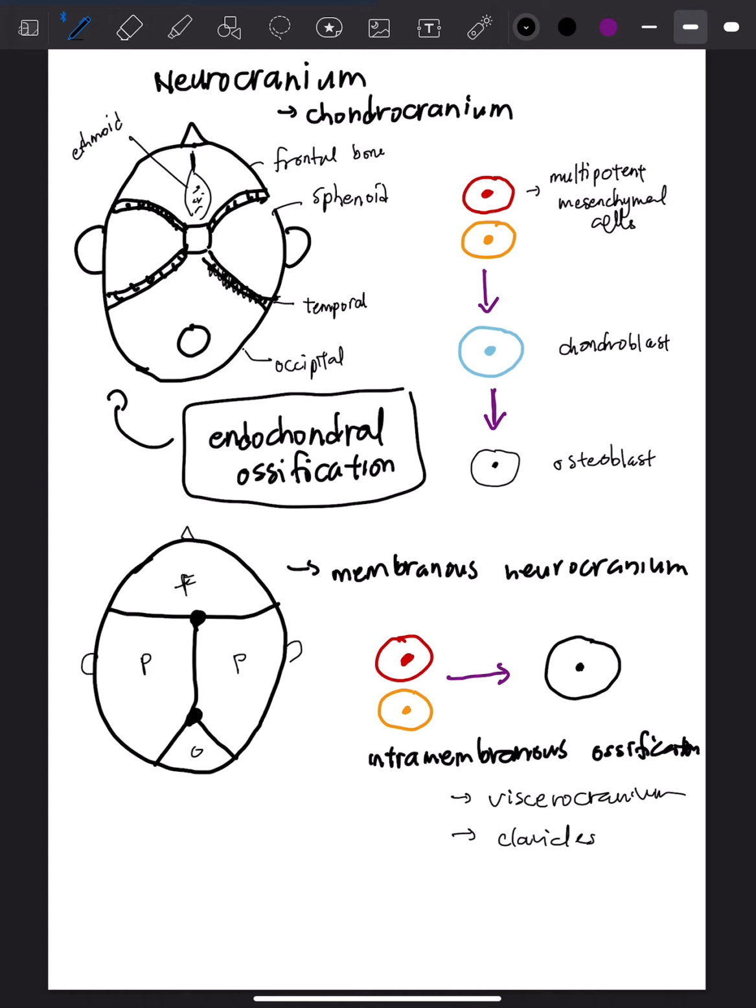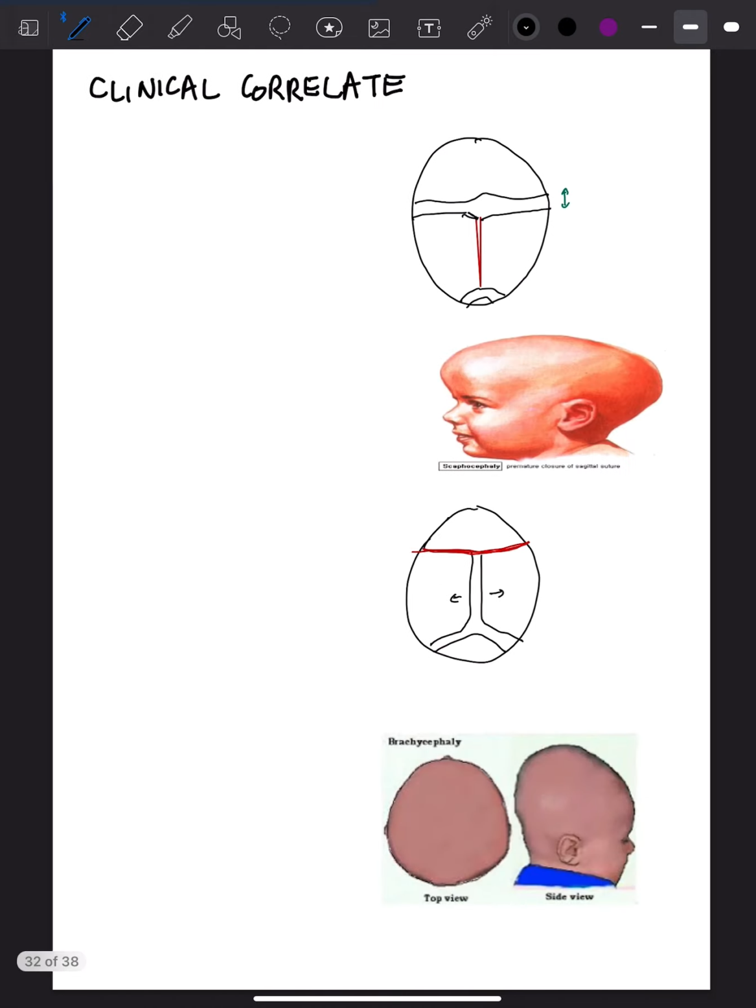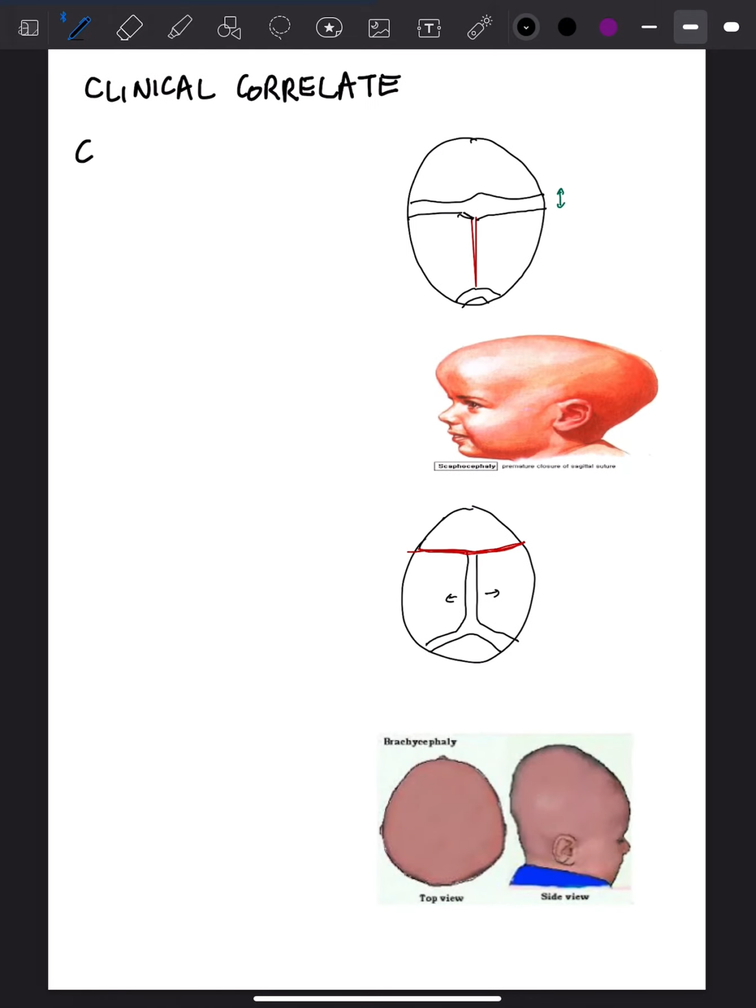The brain still needs to develop, to become bigger, to grow. But sometimes you have sutures that are closed prematurely, and this is known as the clinical correlate. The name of this condition is craniosynostosis.